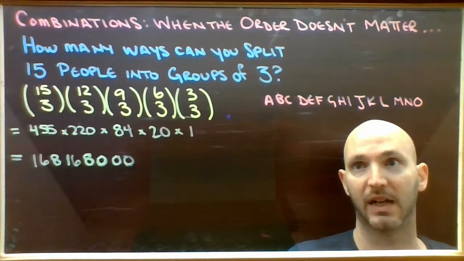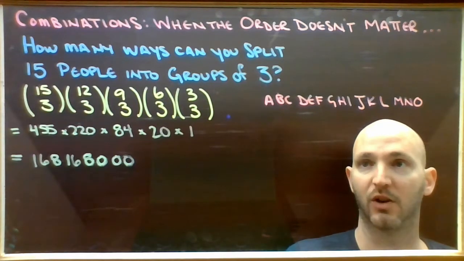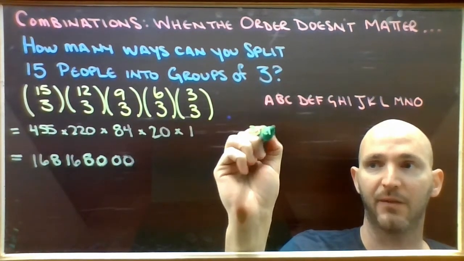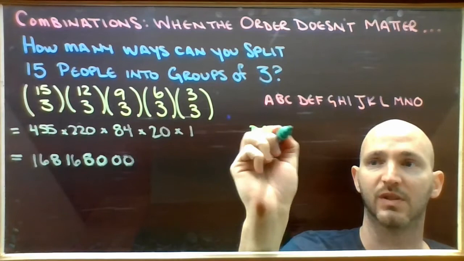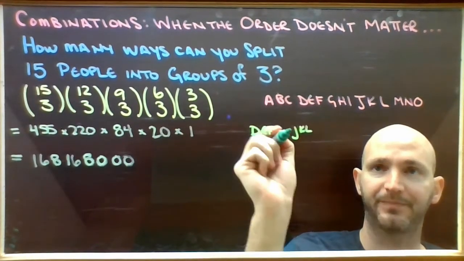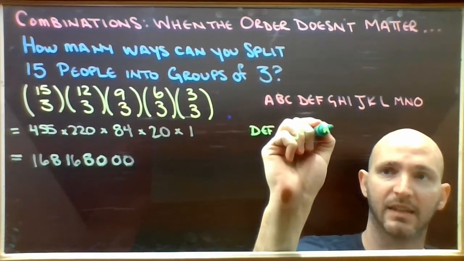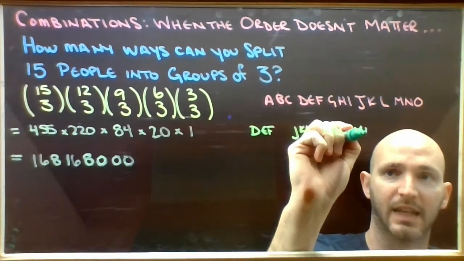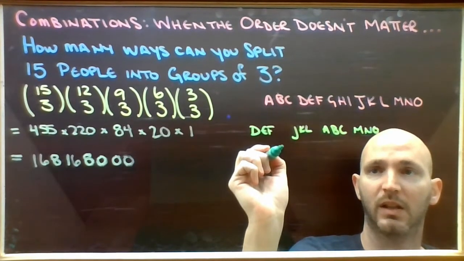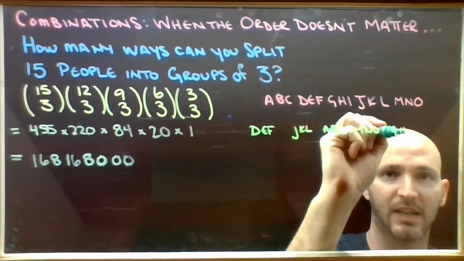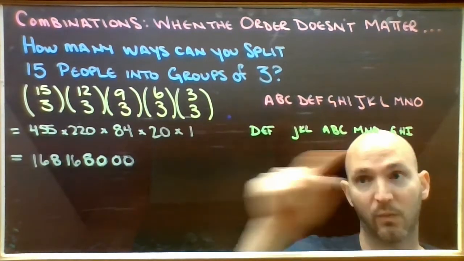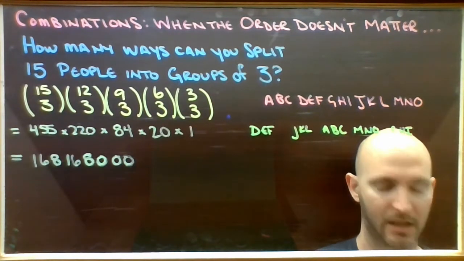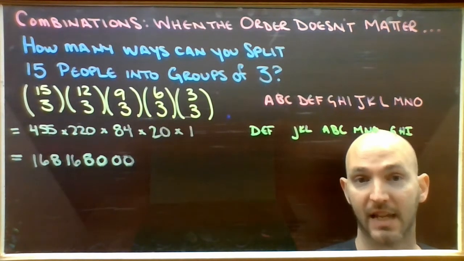So I'm just going to do that here with these letters. I'm going to go D, then E, then F, and then I'm going to choose J, then K, then L. And then I'm going to choose A, then B, then C. Then I'm going to choose M, and N, and O, and then I'm going to choose G, and H, and I. So this is one of the 168,168,000 ways.